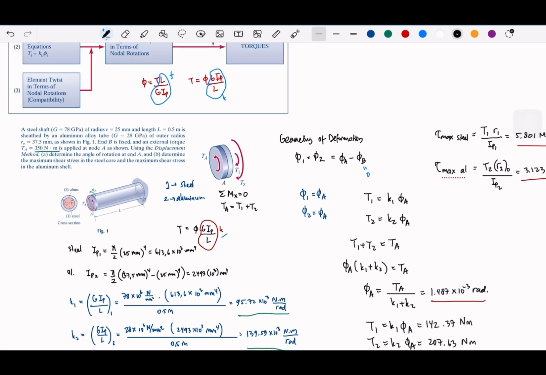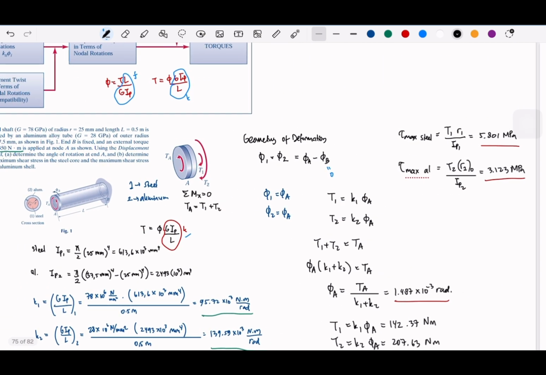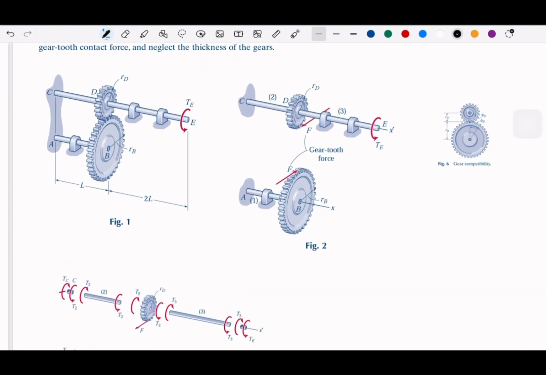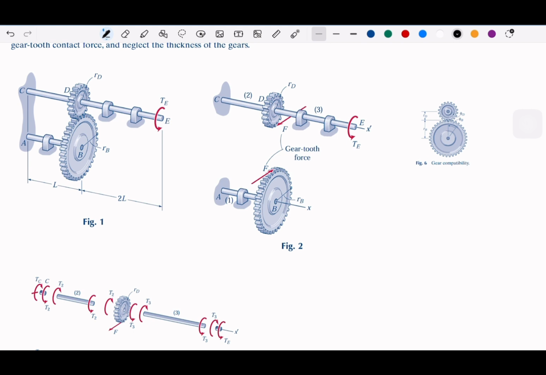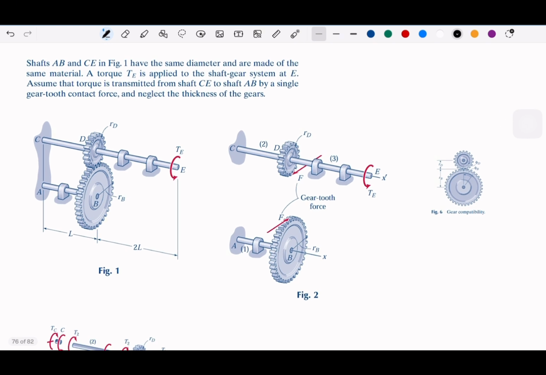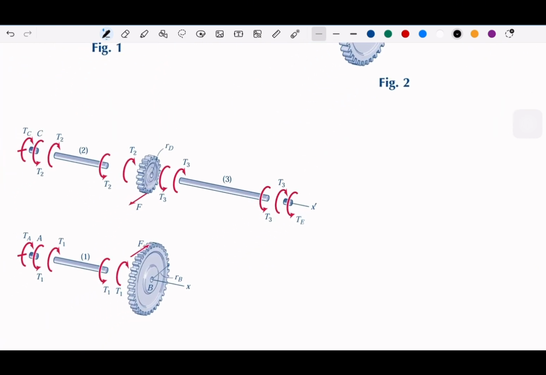indeterminate structure. I have one more example here, but I don't think we have time for this. It can be as complicated as this one. You have a gear like this, and then you can compute the torque, and because it connects all the gear and the shaft, you will have a free body diagram like this.